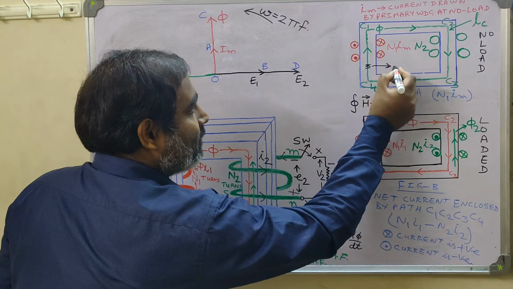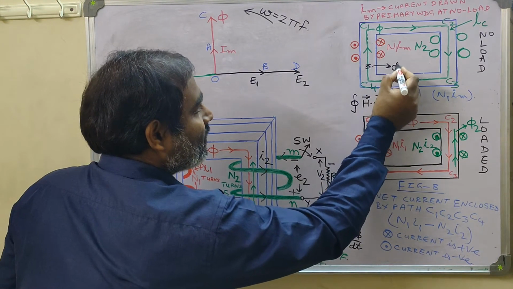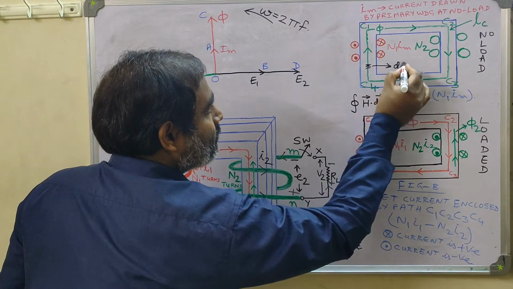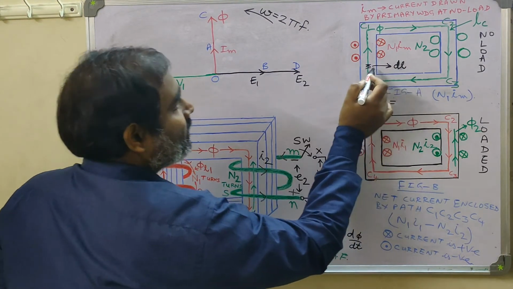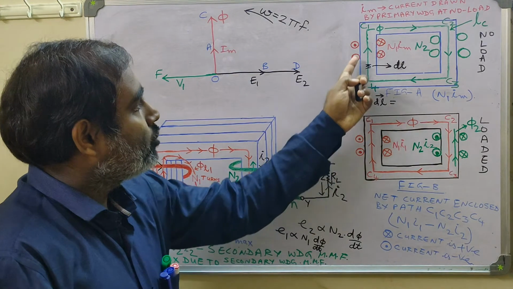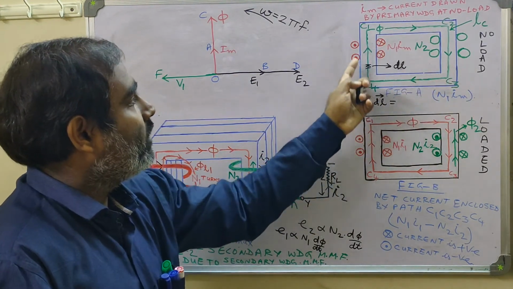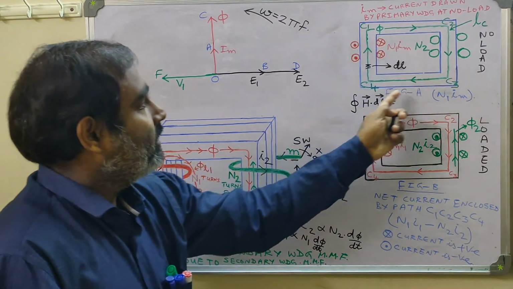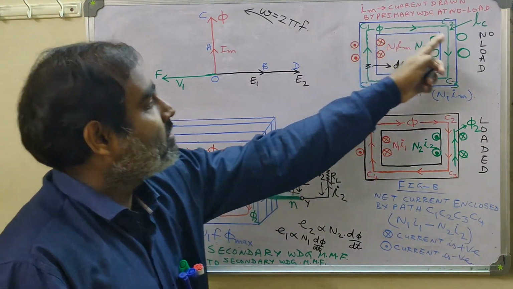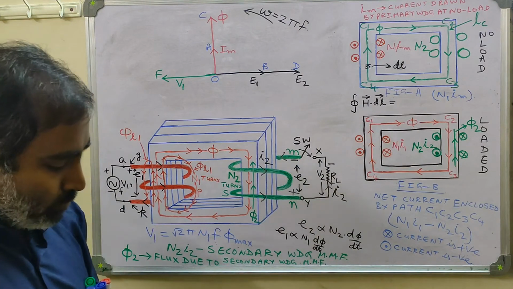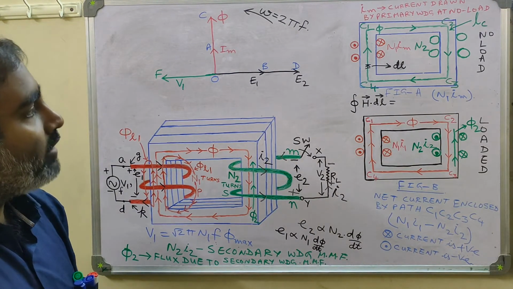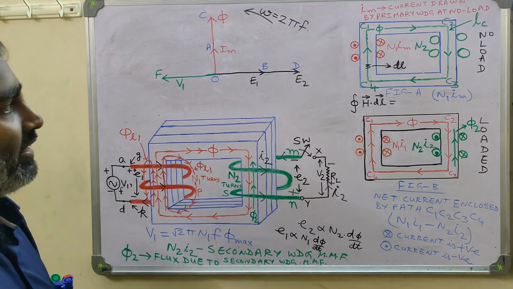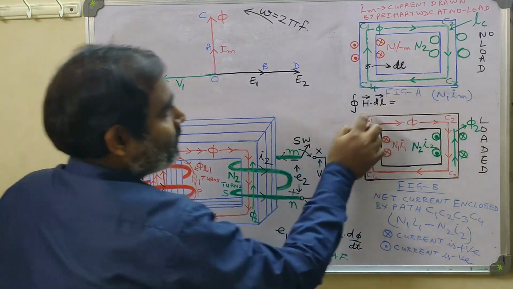So we are taking an elemental length dl along the direction shown by the arrow over here. This path indicated by C1, C2, C3, C4 is known as the mean path of the magnetic circuit, or mean length of the magnetic circuit, denoted by LC.